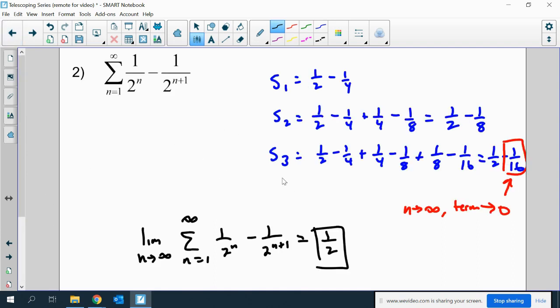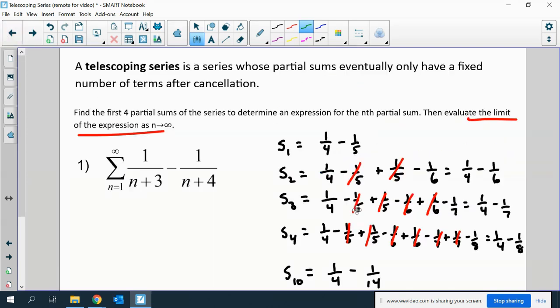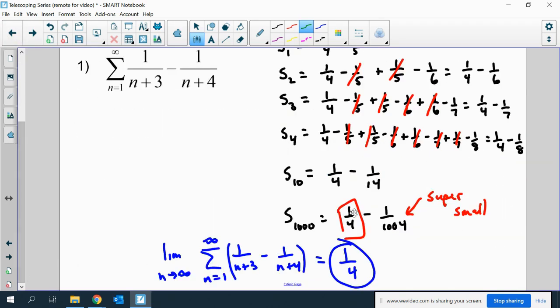Now, maybe I should have written it a little bit more explicitly here. So what is S sub n in this problem? It would be 1/2 minus 1 over 2 to the n plus 1. And then in this problem, S sub n is 1/4 minus 1 over n plus 4.